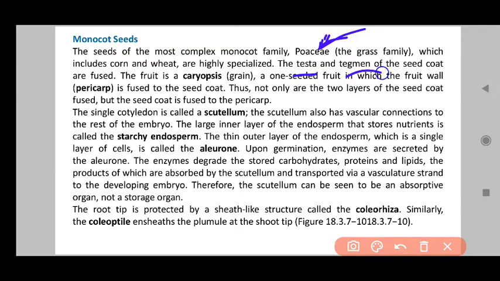Why are the monocots complex? Because both the seed coats are fused to each other and the fruit is caryopsis. Caryopsis means grain formation. A single seed of fruit is formed and the fruit wall is pericarp.